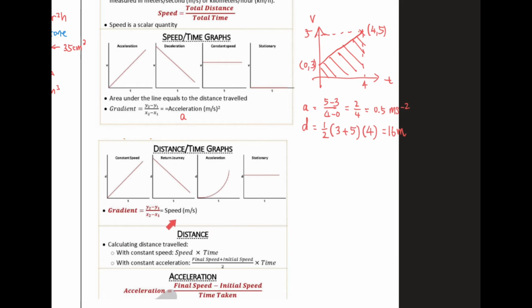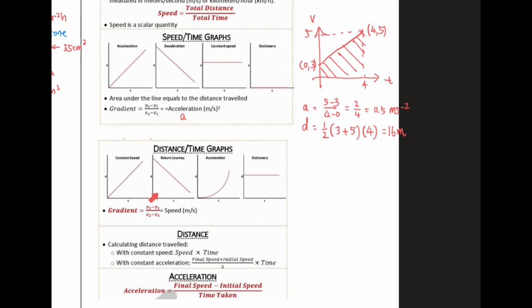Okay, so now let's see the first graph here. If the graph is a straight line from origin, imagine you go and count the gradient, right? You will get a constant value. So that means the speed is equal to that constant. So we call that constant speed.